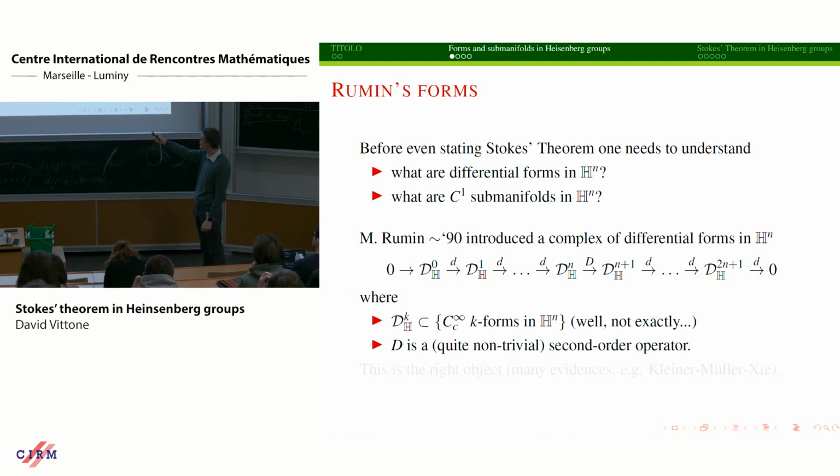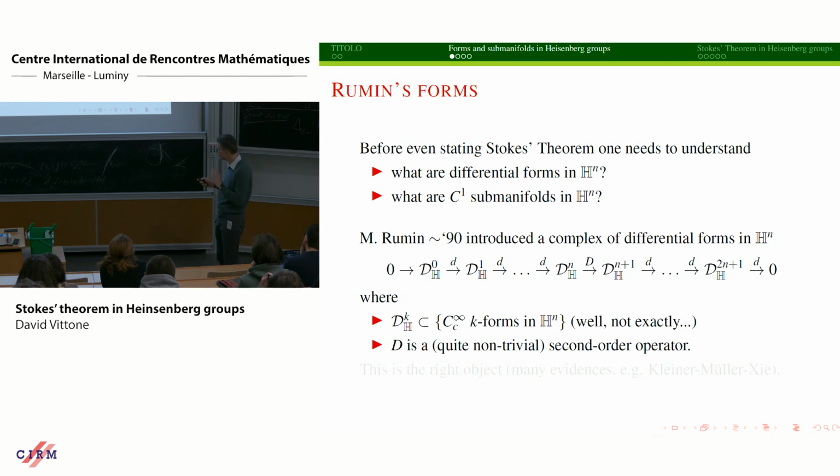It is the Rumin operator, capital D, which is a quite non-trivial linear operator, a second order operator. So the definition of this guy, capital D, is not immediate. It involves derivatives of order 2 of your n-form and produces a Heisenberg n+1 form.